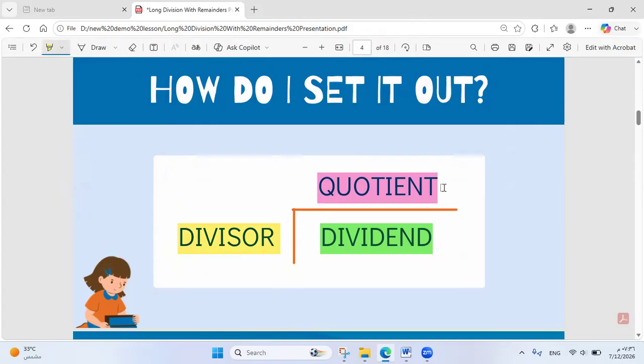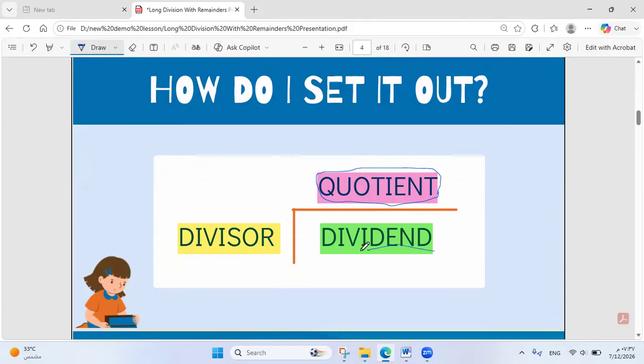Remember that the quotient is the answer of the division operation, so we put it up here. The dividend is the big number, the first number which we divide, so we put it here. And the divisor, the number which we divide the dividend by, we put it here.